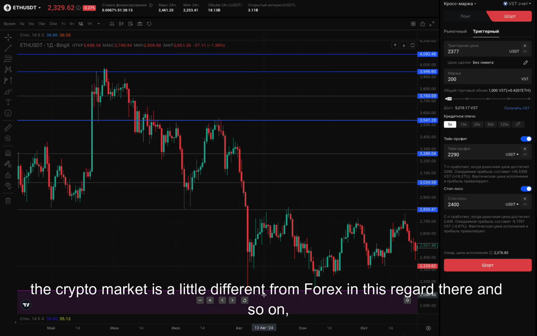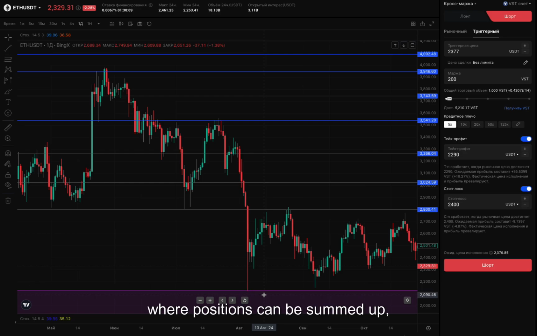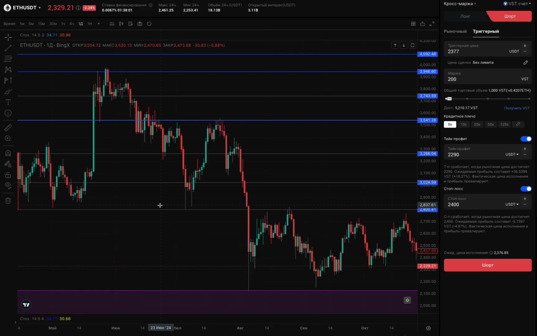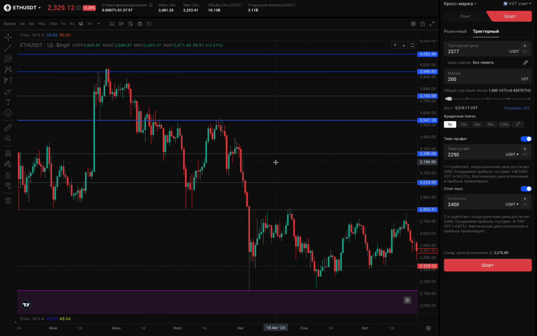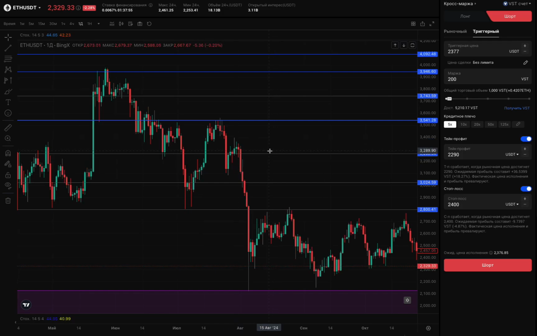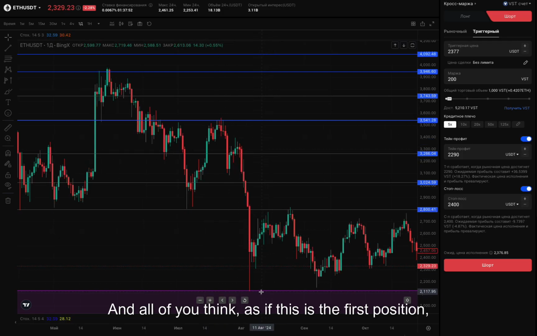That is, the crypto market is a little different from Forex in this regard, where positions can be summed up. You will have an average output there and so on. You will have a loss, but there will also be a liquidation. In other places, like in the crypto market, you think of it as the first position.